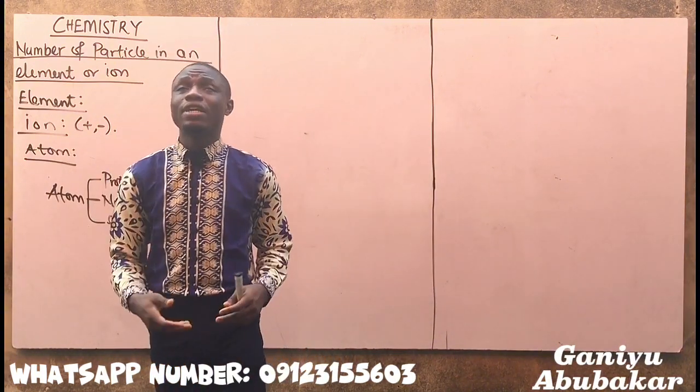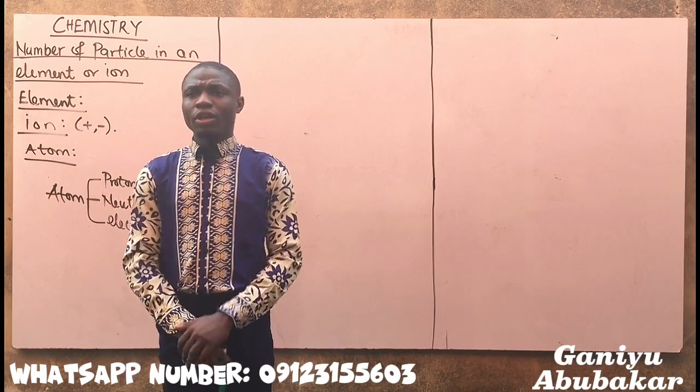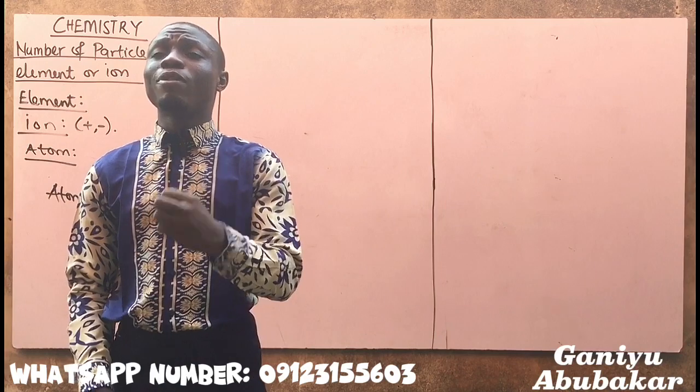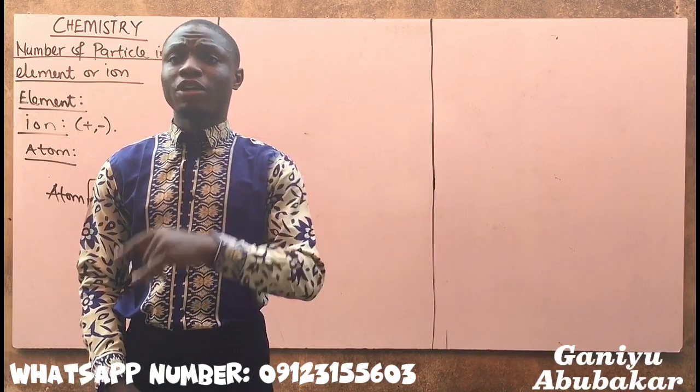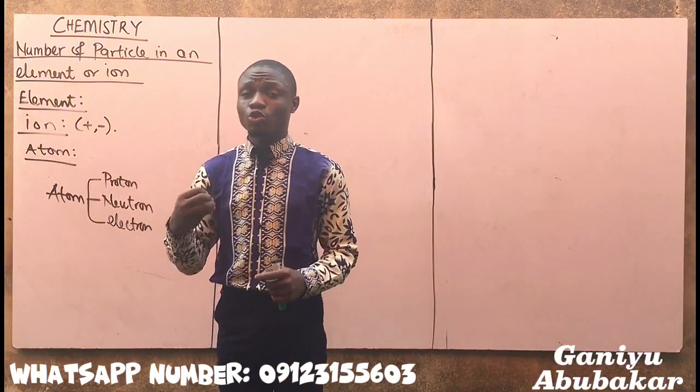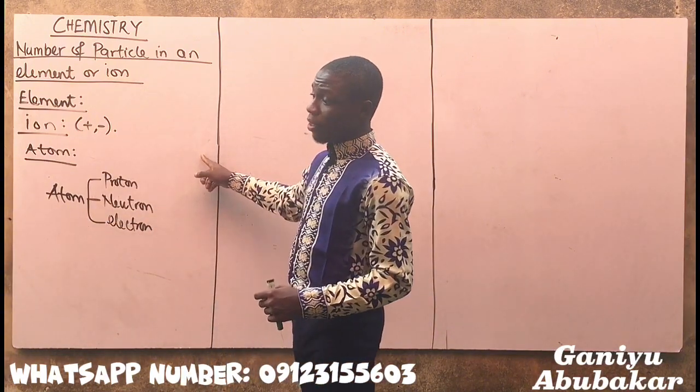Let's say I'm given magnesium, that's Mg. If I'm told to find the total number of protons and electrons in magnesium, how will I do that? That's what we're looking for in this concept, right?